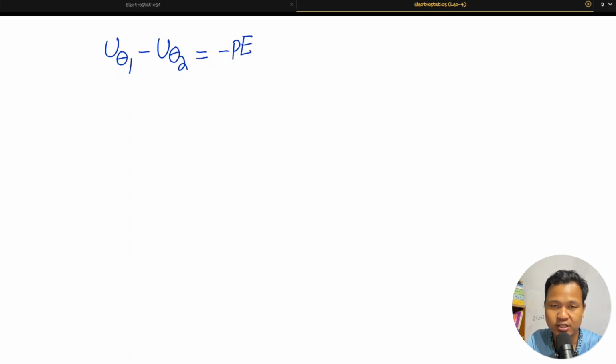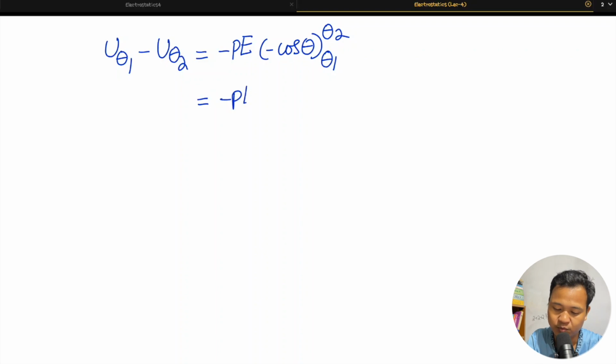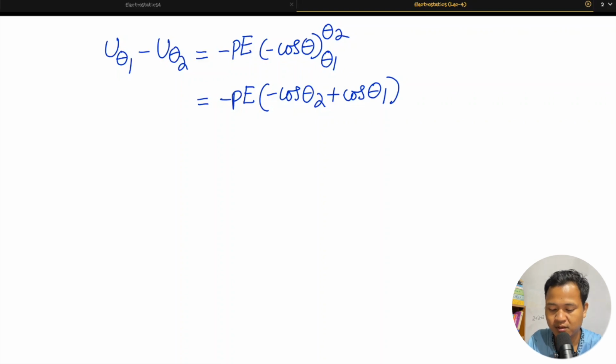Then what do you have? U at theta 1 minus U at theta 2 should equal minus PE times the integration of sin theta, which is minus cos theta, from theta 1 to theta 2. Putting in the values, minus cos theta 2 minus cos theta 1 gives plus cos theta 1.